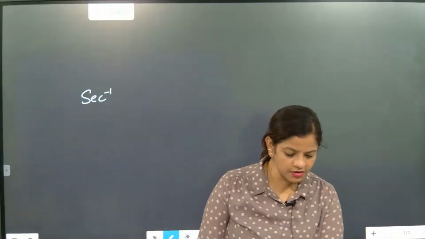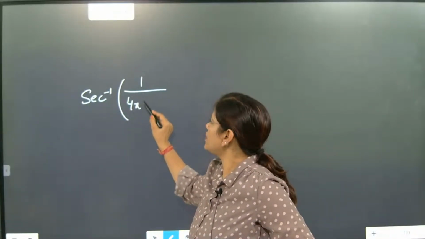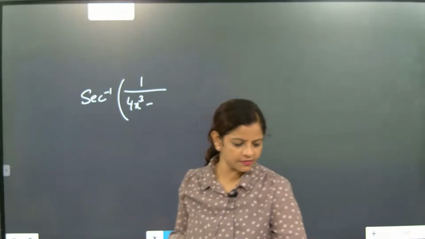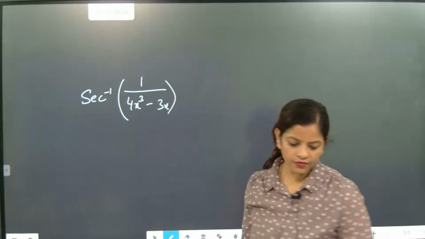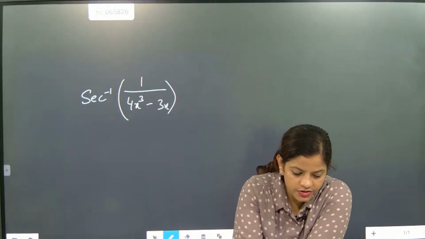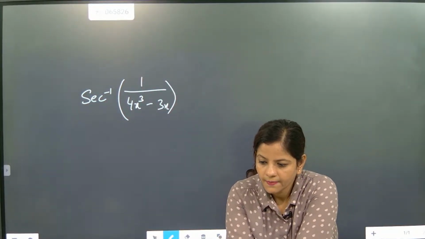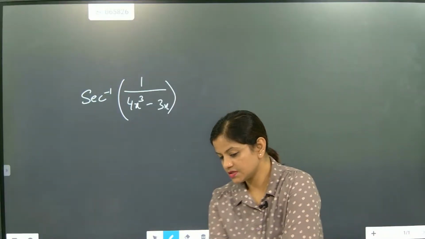Secant inverse of 1 by 4x cube minus 3x. Come on, go for it. 5-mark question. Try and solve the question, please.